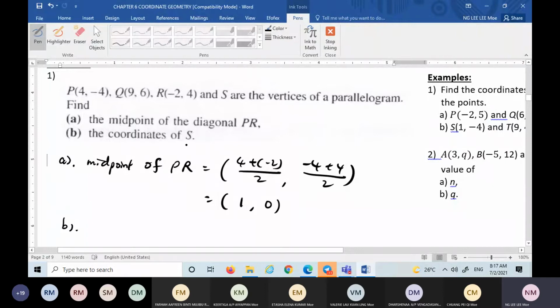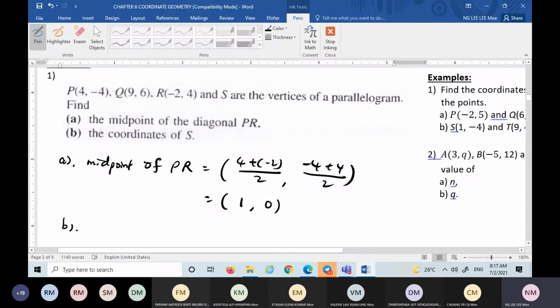If the question doesn't want to guide you, they will not ask you to do part A. They will straight away ask you to find the coordinates for point S. These questions can be done in other ways, such as the gradient method, but I think this method is the easiest one. It's just a question of whether you can remember these rules, or this theory, or not.